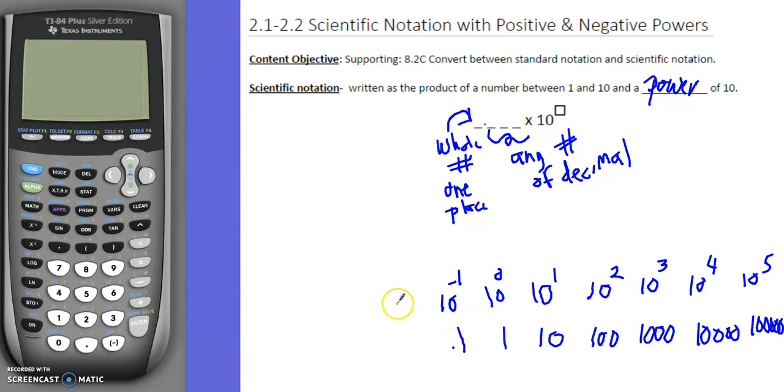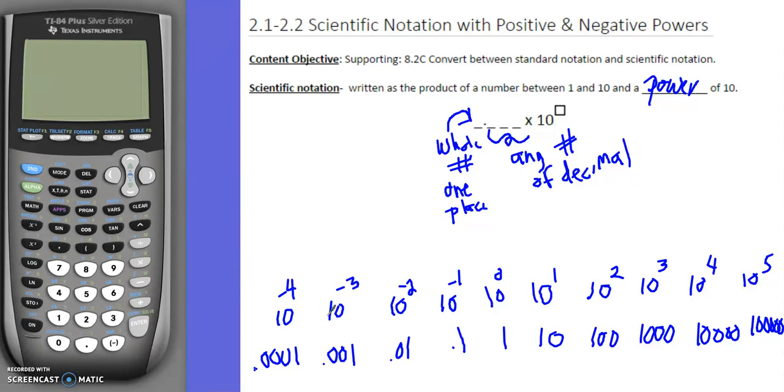All right, if we do 10 to the negative 2, that's going to be 1/100. 10 to the negative 3 is 1/1000. 10 to the negative 4 is 1 in 10,000. Okay, and we'll stop there.